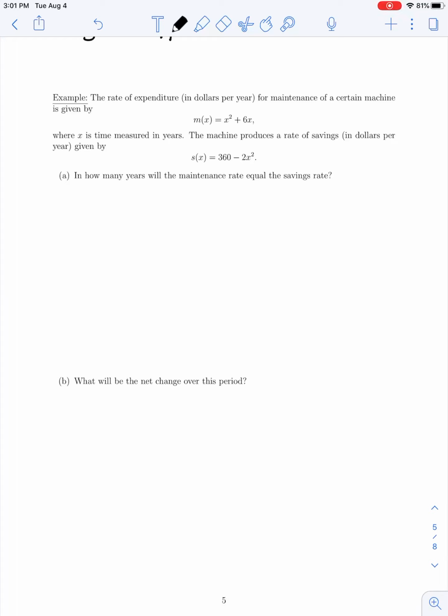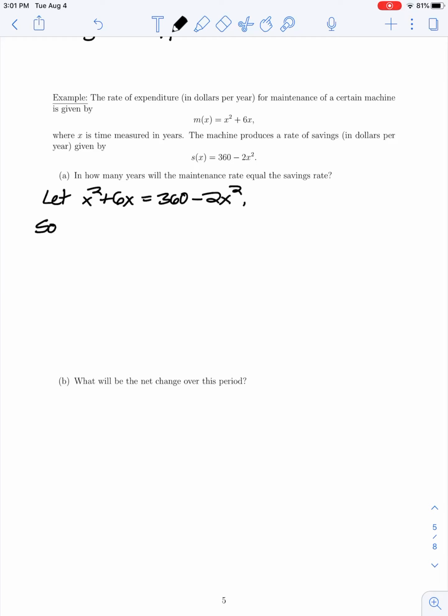So in part A, we are asked in how many years will the maintenance rate equal the savings rate? So to determine when those rates are equal, we would set these two functions, x squared plus 6x and 360 minus 2x squared, equal to one another.